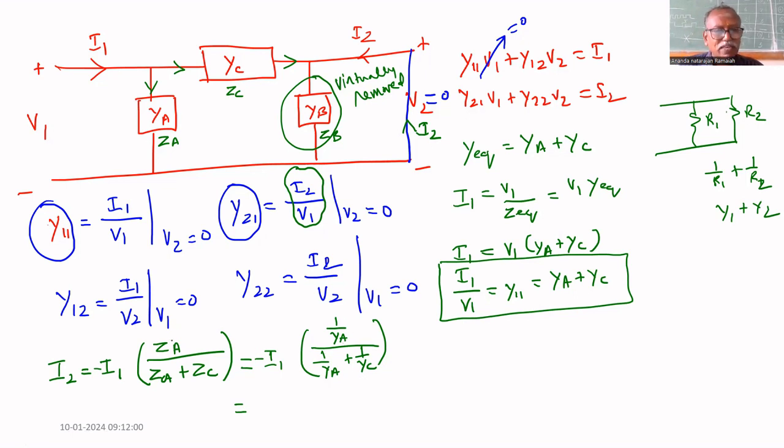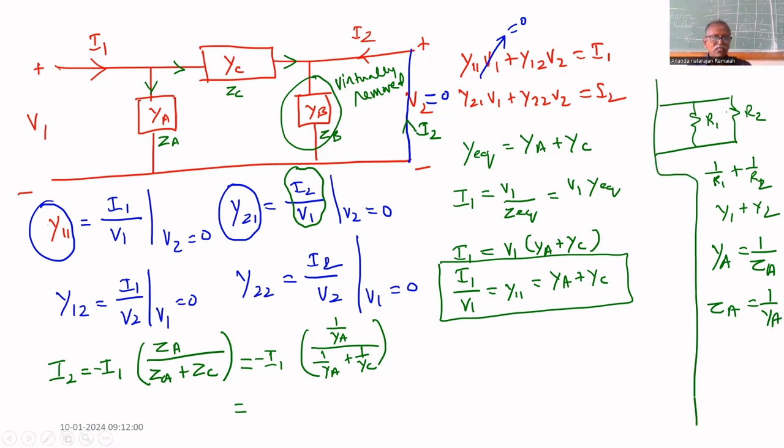Or you can remember it this way: ZA is equal to 1 by YA, because YA equal to 1 by ZA, or ZA equal to 1 by YA. That we know. That's why we wrote like that. If you take the LCM, what will you get? YA YC over YC plus YA.